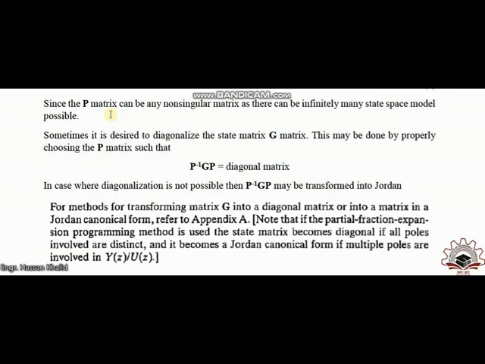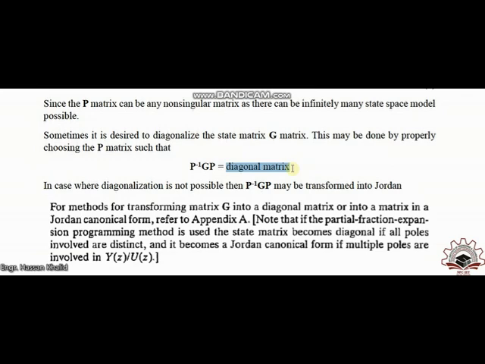Concluding this similarity transformation, we are sometimes asked to form the G-tilde matrix to be a diagonal matrix. If you want to make the transformed G a diagonalized matrix, you need to choose the elements of the P matrix very wisely, such that P inverse G P, which equals the new similarity transformed G matrix, will be a diagonal matrix.